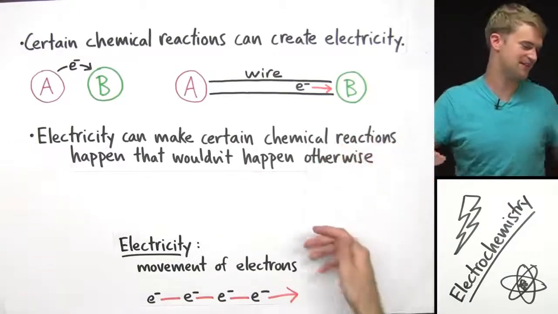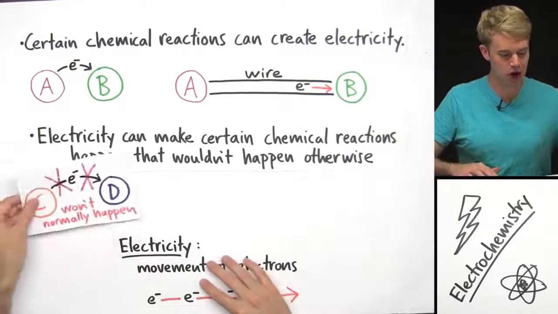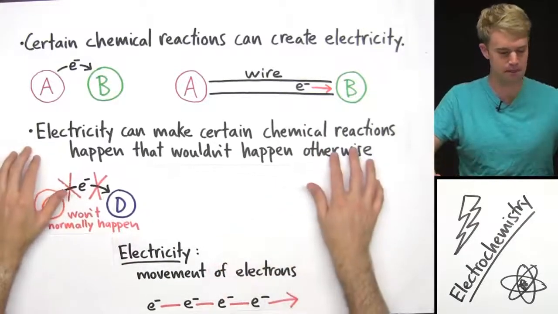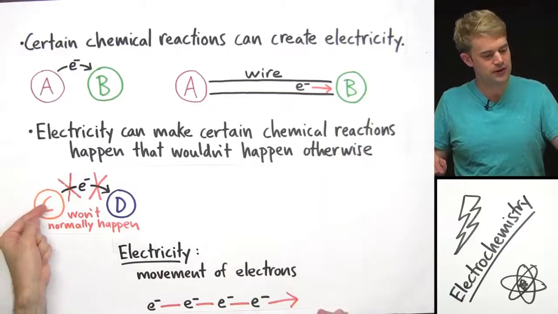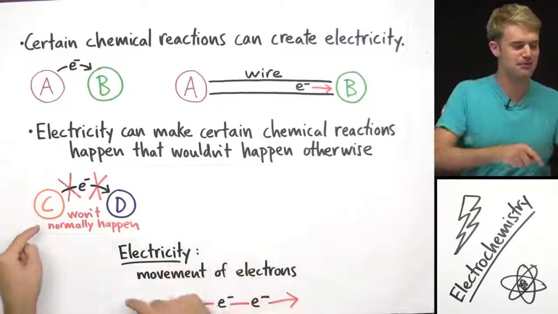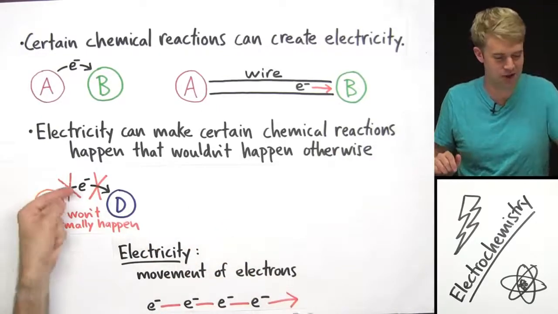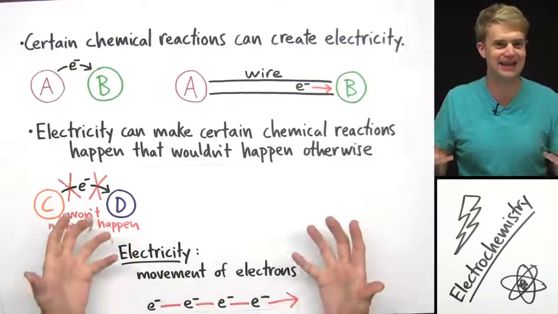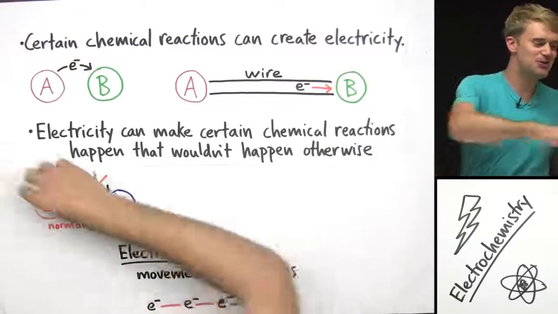Okay, now let's look at this example. Let's imagine we have another oxidation-reduction reaction, electrons transferring from C to D. But imagine this doesn't normally happen because C doesn't want to give up electrons and D doesn't want to gain them. Here's where we can use electricity.